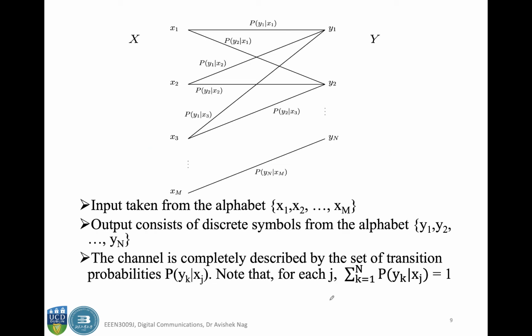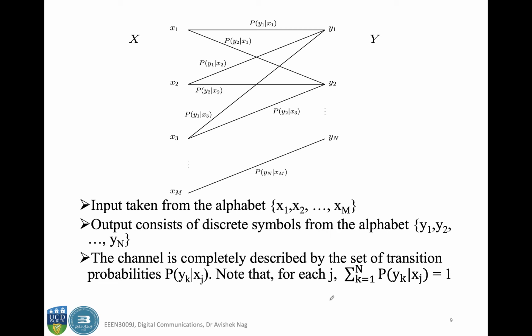Let's say we have a channel, which is basically a medium through which you are communicating your messages. There is some input to the channel and then there is some output. Let's say the input is taken from the alphabet x1, x2, x3 up to xm.